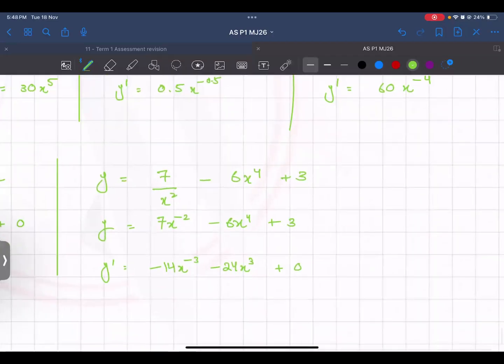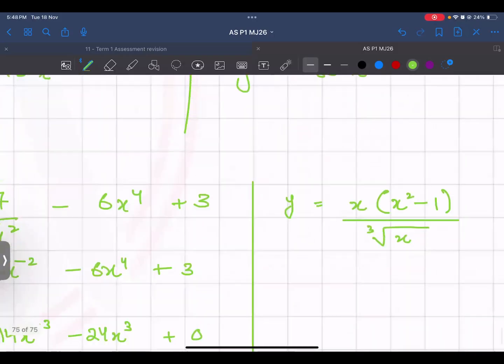So let me do one more example for you. And then I'm going to give you some of them to differentiate. If we have x square minus 1 upon cube root of x.